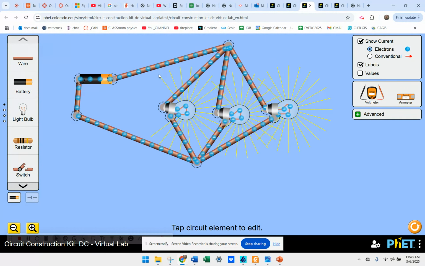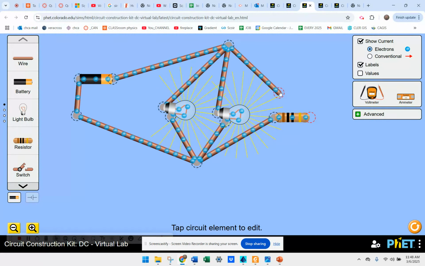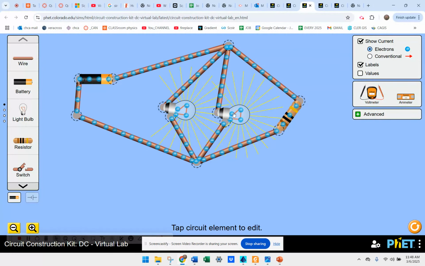If we move on to lights or resistors, it's worth noting that a resistor and a light can act the same way. Now they can have different values, but a light and a resistor can, and any device, a fan, a motor, anything that's using electricity is basically a type of resistor.